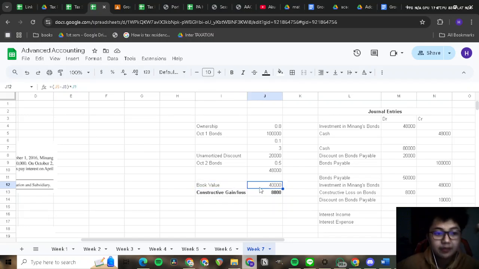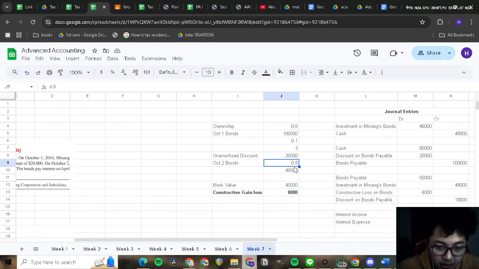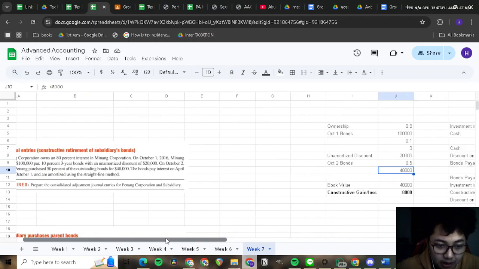To get the book value, I deducted the unamortized discount from the bonds issued, and then multiplied it by 0.5 since the parent only bought 50%, and that should be compared to the amount that they actually paid.